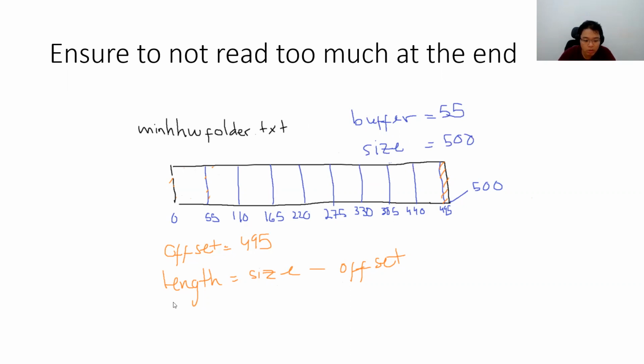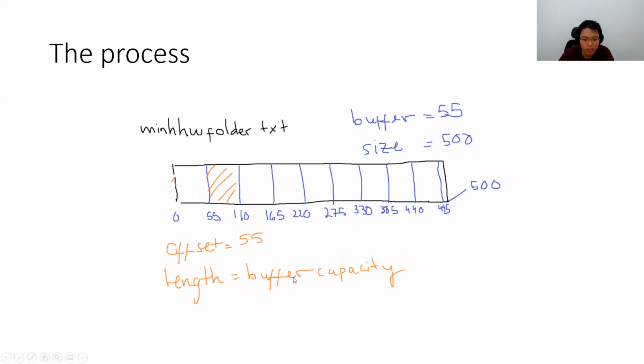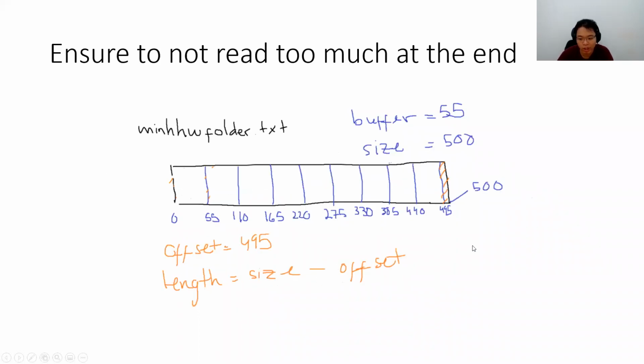So then what you do is you do length equal to size minus offset instead of length equal to buffer capacity, right? So like in the previous one, you do buffer capacity. So in this one, you do size minus offset. So then that would only transfer the last 5 bytes. And you want to make sure that when you do C read, you don't C read the entire 55 bytes.